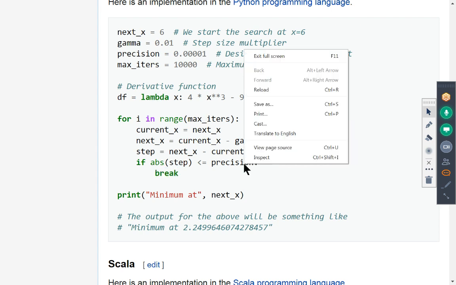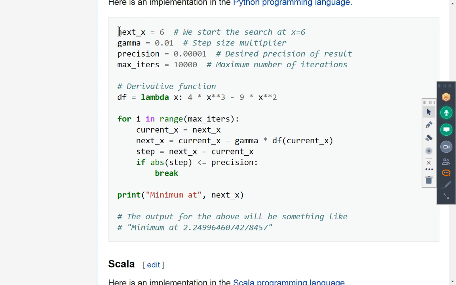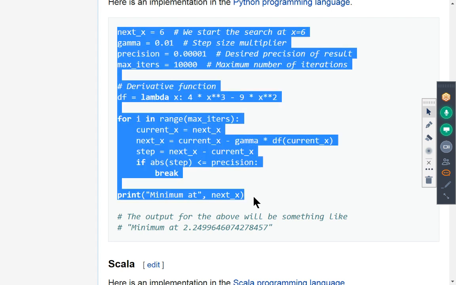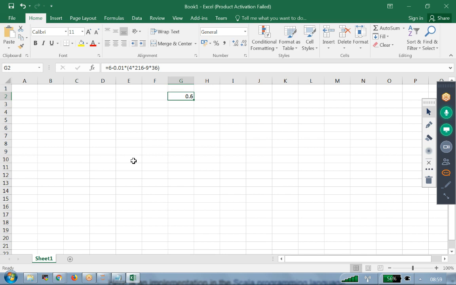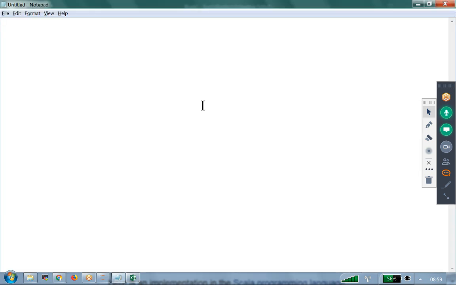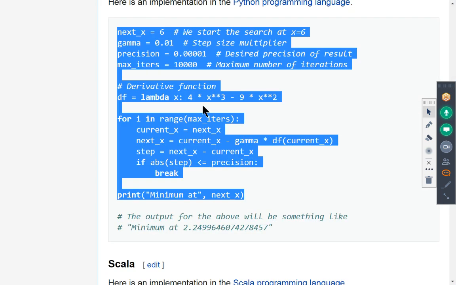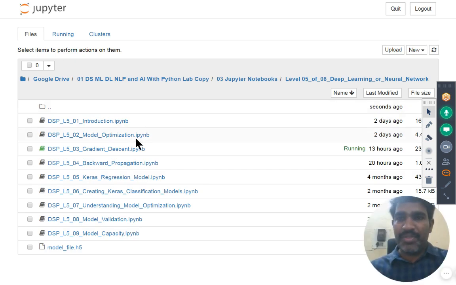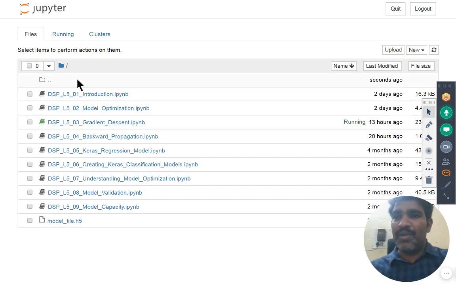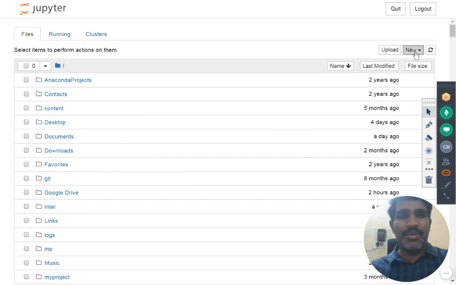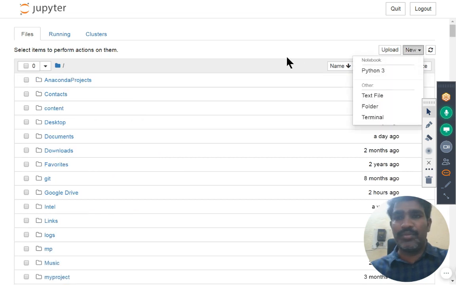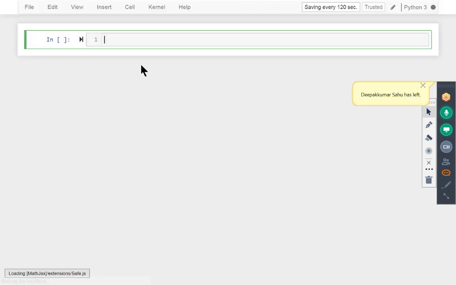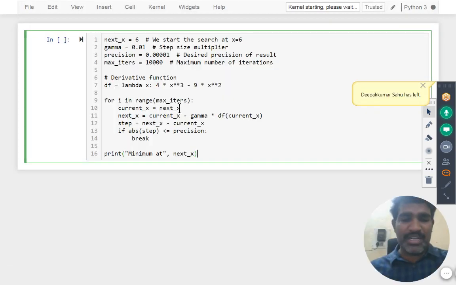Let's take this program as is, then try to execute it, then we'll get so much clarity. I'm taking this one. The function is running based on this code. Exactly. Now let me take some new notebook. This is what they call the gradient descent algorithm, nothing much.